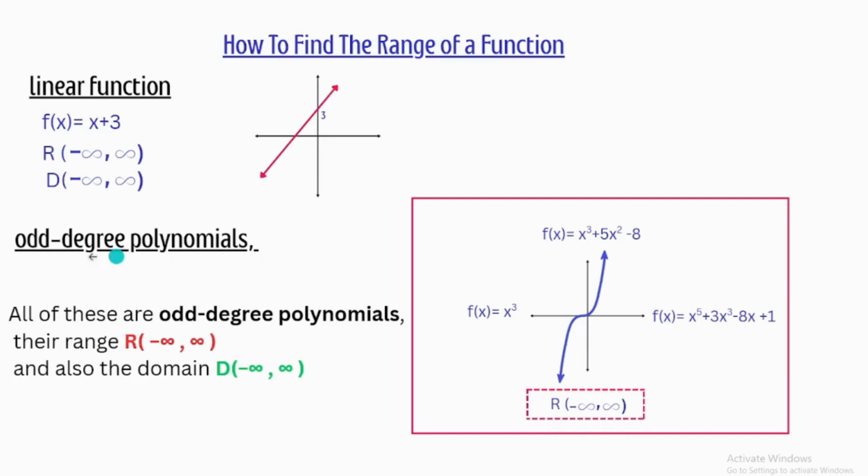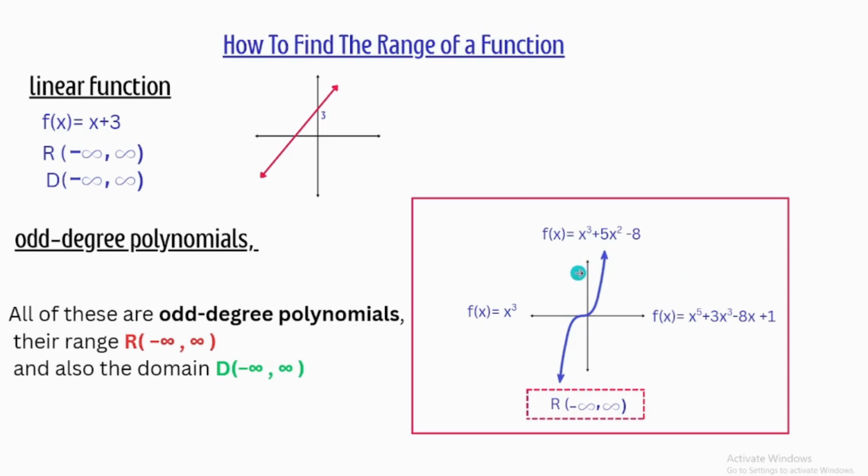There is the odd degree polynomial. These are polynomials where the exponent of the biggest term is odd. It's to the power 3, to the power 5, to the power 7.